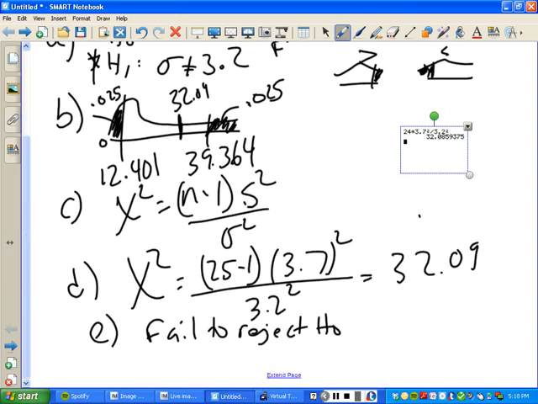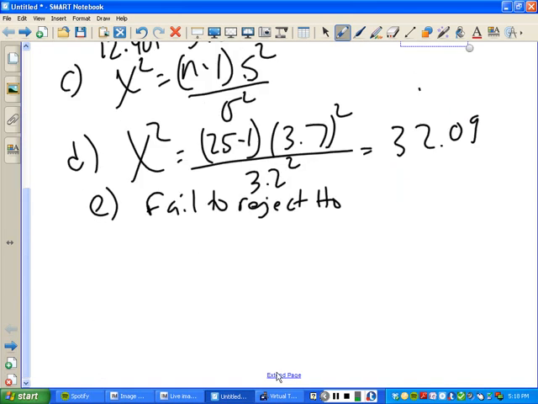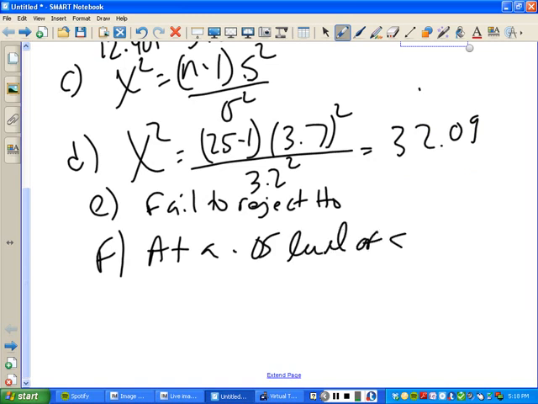So just to finish this thought up, part F, at a 0.05 level of significance. Wait, we failed to reject H1, but we agree with H1? No. If we fail to reject H0, we do not agree with H1.